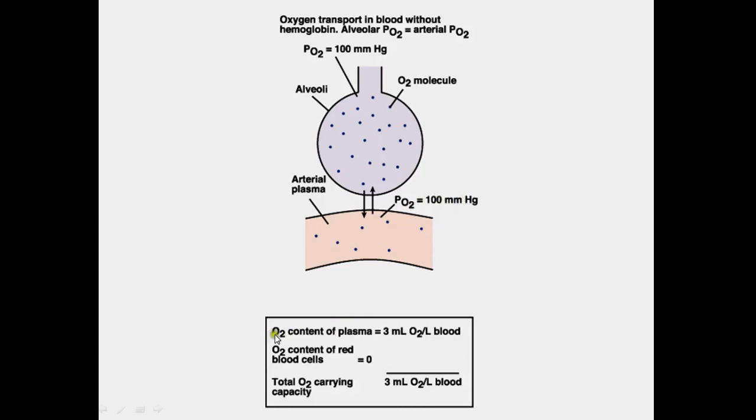So, the O2 content of the plasma is 3 ml oxygen per liter of the blood. But the O2 content of the red blood cells is 0. So therefore, the total oxygen carrying capacity when the hemoglobin is not there will be only 3 ml O2 per liter of the blood.